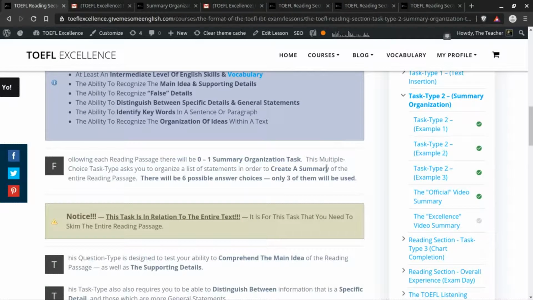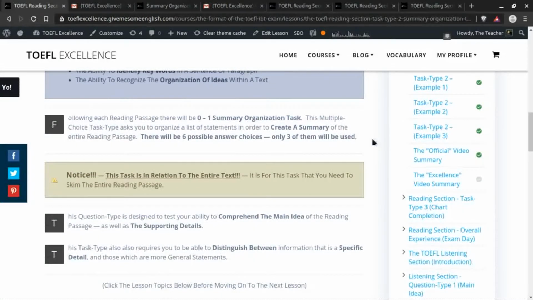Other people say it's a good idea to skim. Whether you skim the passage before or you did not, with this particular task type, you will almost definitely have to. That's because you'll either have to check the information with the answer choices or, just to get a general idea if you don't know the entire set of information from the whole reading passage.